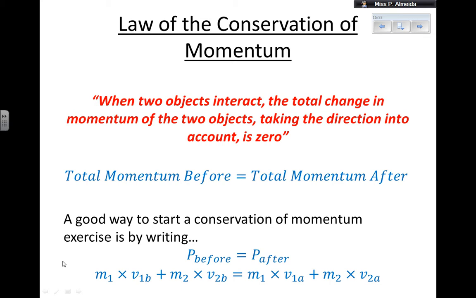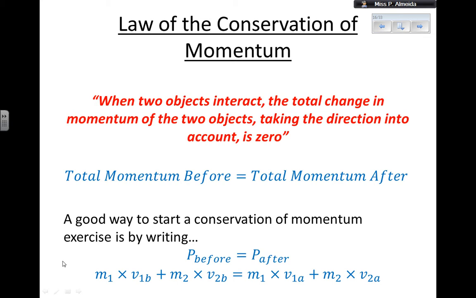So the way that you can start an exercise is by saying m1 times v1b, meaning the momentum for the first object before the interaction, plus m2 times v2b, which is the momentum for the second object before the interaction. Okay, so I'm adding the two momentums before, and then they need to be equal to the momentum after.